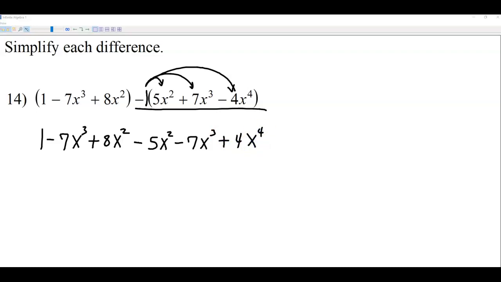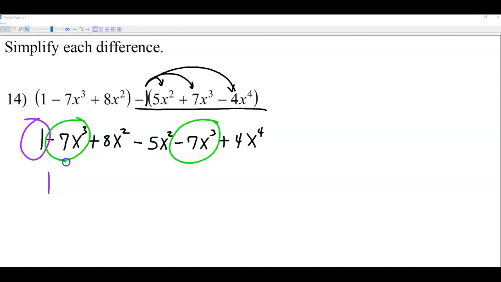So after you distribute, you go ahead and combine all your like terms. Now, this one doesn't have any variables, and there's no other terms up here that have no variable. So that one's going to stay just the way it is. Next, we have a negative 7x cubed, and I have another x cubed over here.